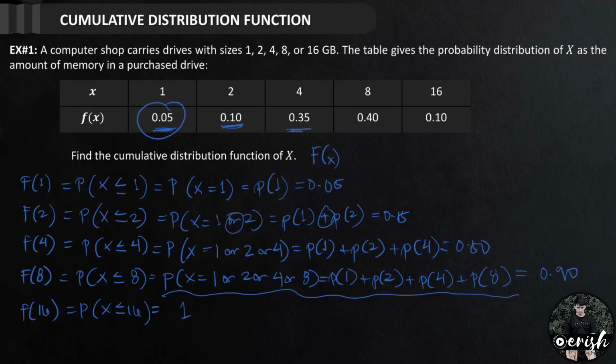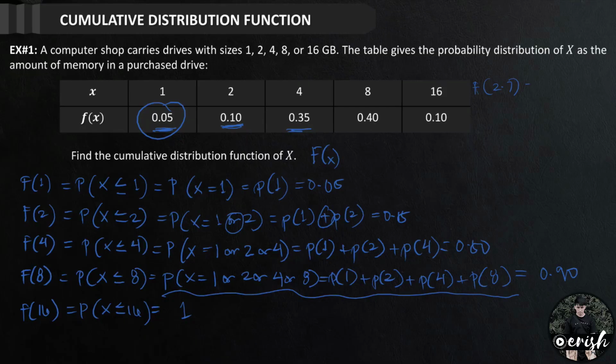Now, for any number x or for any value of a random variable na bibigay sa atin, yung F of x natin will be equal to the value of F at the closest possible value of x to the left. For example, bibigyan tayo ng random variable value na 2.7. Dito natin lagay 2.7. And kung isa-solve natin or kung ipapahanap sa atin yung probability niyan, say F of 2.7, again, closest possible value of x to the left of x.